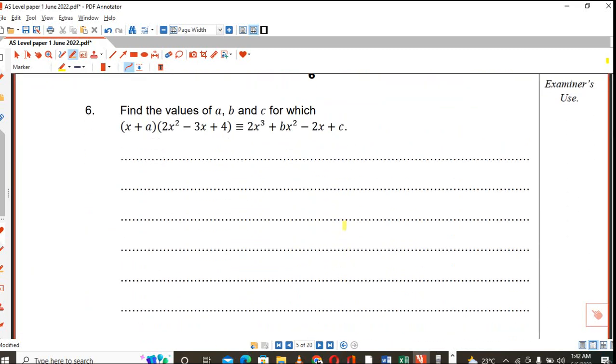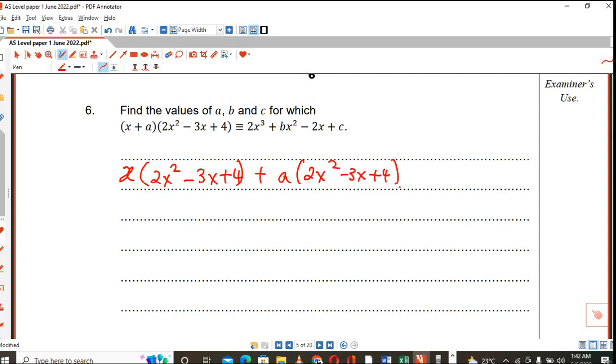It says they are supposed to find the values A, B, and C for which these two are identical to each other. So what I'm going to do, I'm going to take this x, because I want to find what that value is, right? And if I multiply it out, so I'm going to say x times 2x squared minus 3x plus 4, plus A multiplying 2x squared minus 3x plus 4.